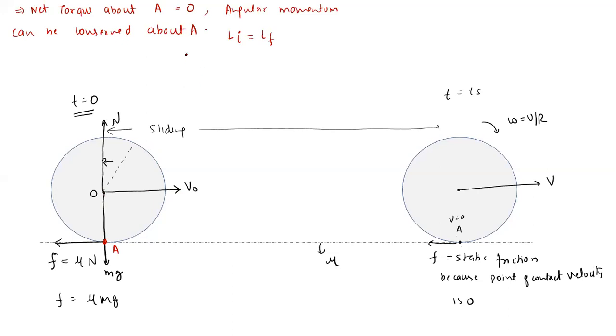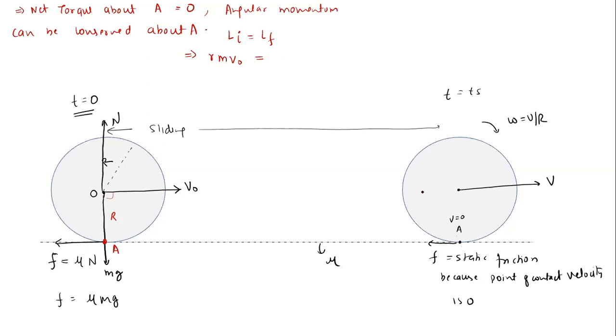Very good. So it would be equal to r m v naught, because the initial velocity was v naught. The radius vector r and v naught are perpendicular, so we can write r m v naught. What about the final angular momentum?